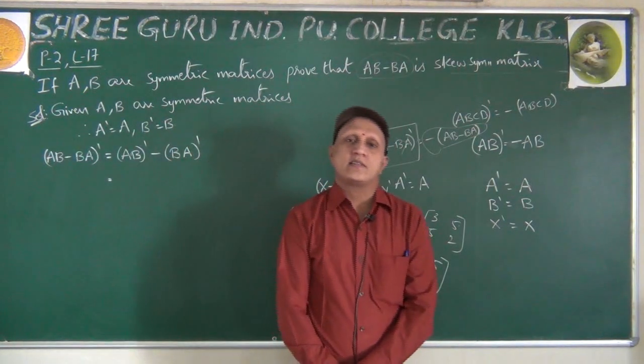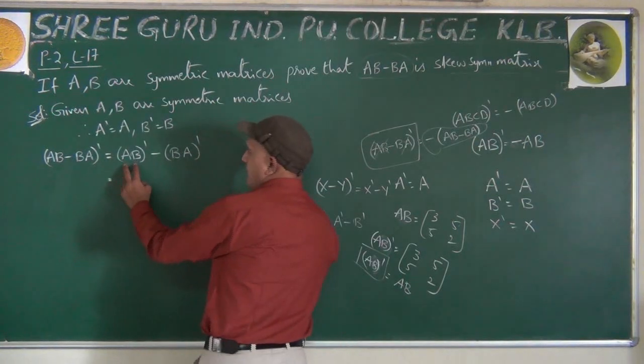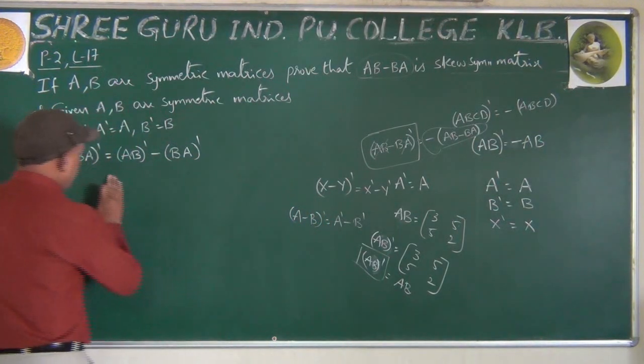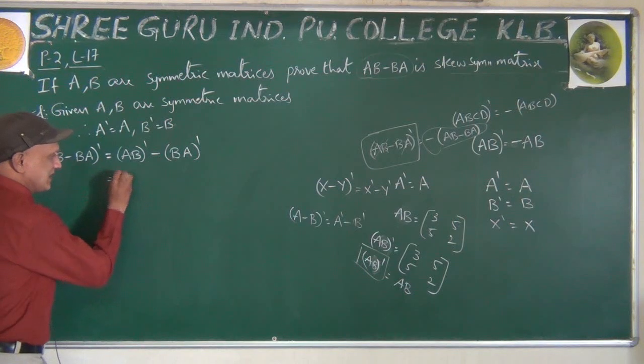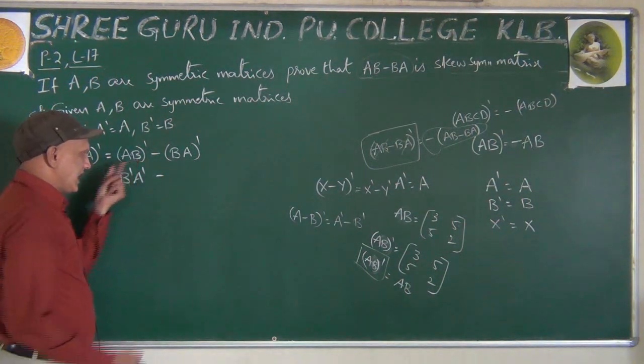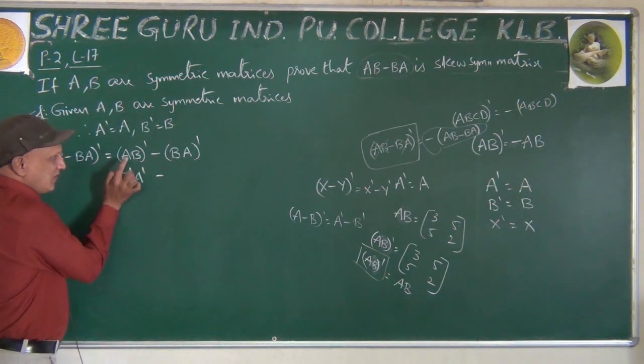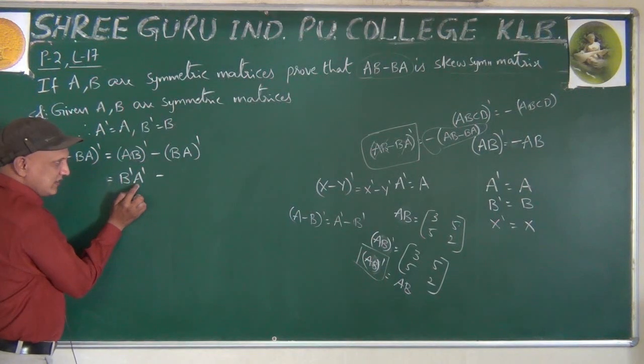Transpose of the matrix properties. AB whole dash property: AB whole dash equals B dash A dash, second one first, one second.